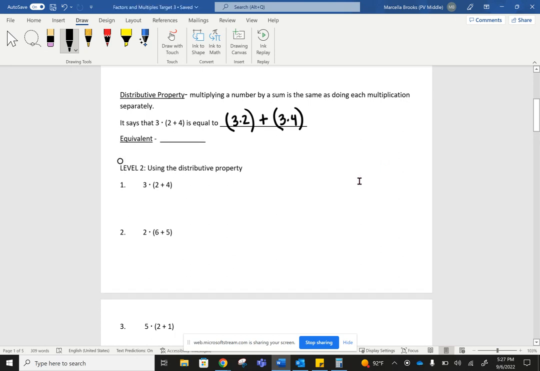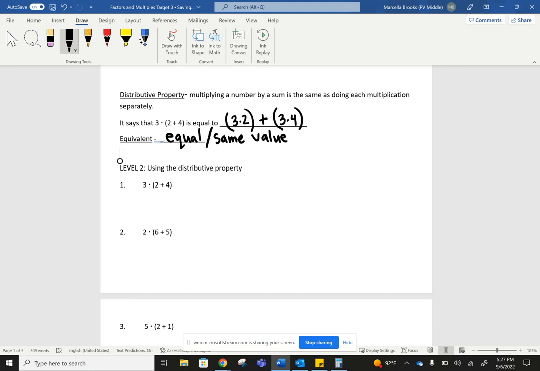Now, just going over a little housekeeping vocab, equivalent means equal, same value. So if you have two expressions that are equivalent, they have the same value.